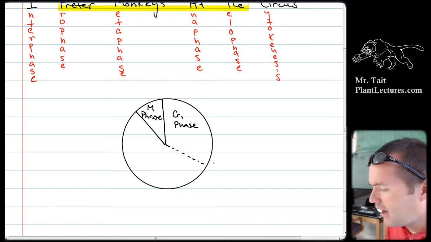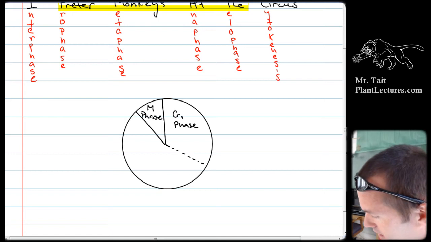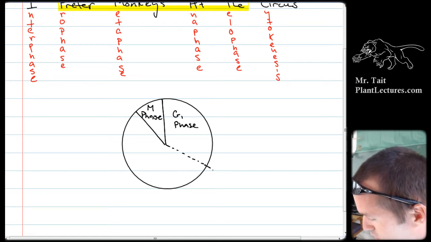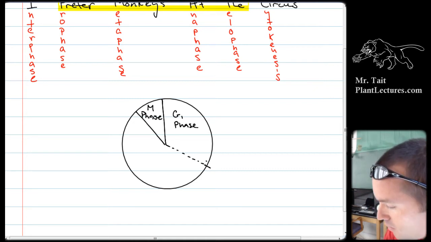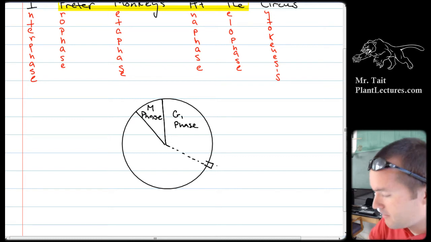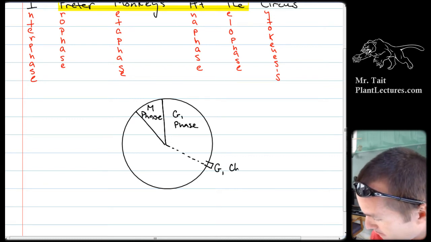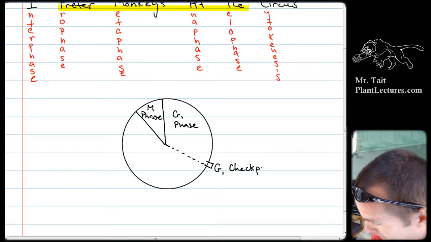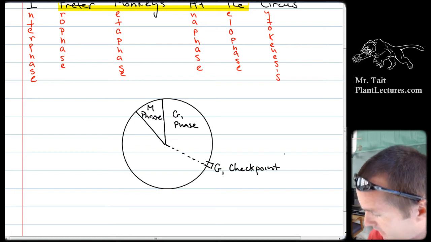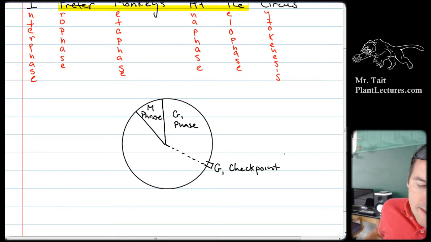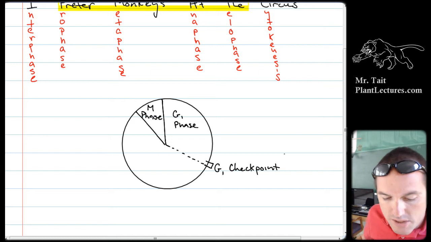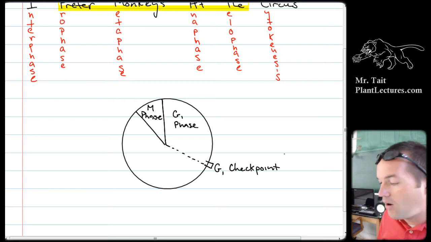And so then you've got this spot right after G1 phase, or between G1 and the next phase, right about here. Okay, and this spot is the G1 checkpoint. Okay, the G1 checkpoint is a time when the cell is going to check for all the important things.